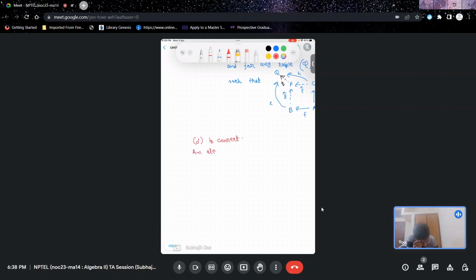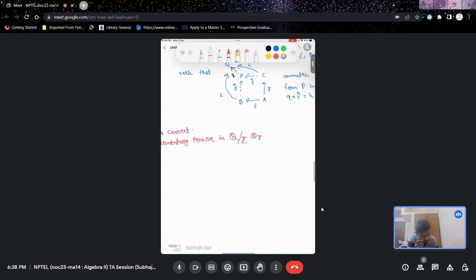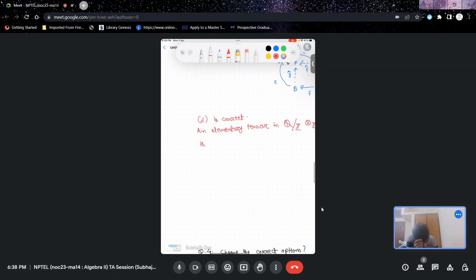Okay, an elementary tensor in the tensor product of the quotient Z module, this was Z with Q mod Z, is of the form z plus p over q tensored with z plus, let's say, m over n.